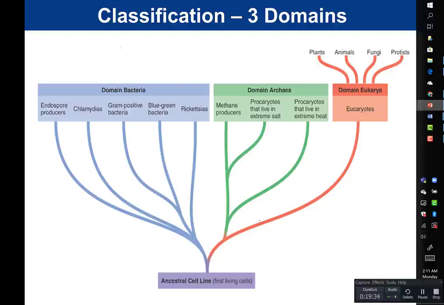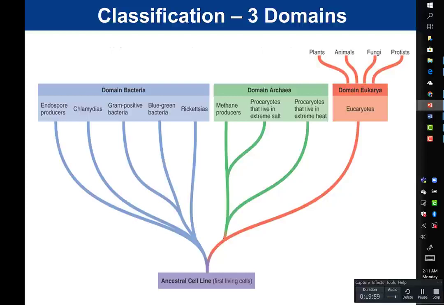So even though they are both prokaryotic and even though they are both unicellular, archaea still have more in common with domain eukarya than they do domain bacteria. And so that's why they're shown this way, where they diverged more recently relative to when bacteria split from both domain eukarya and archaea.